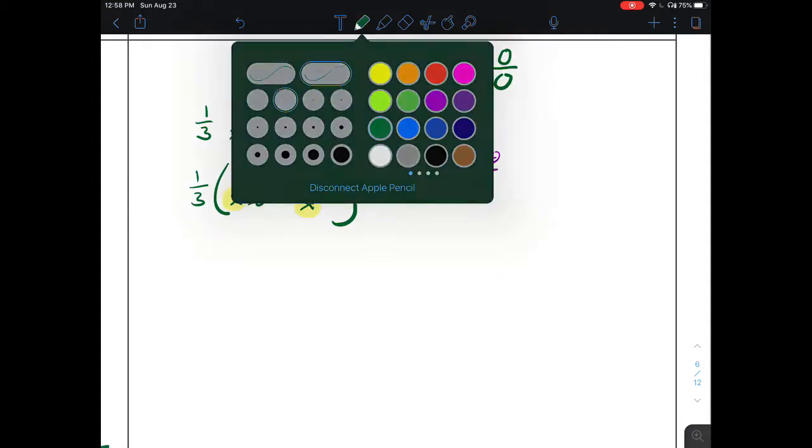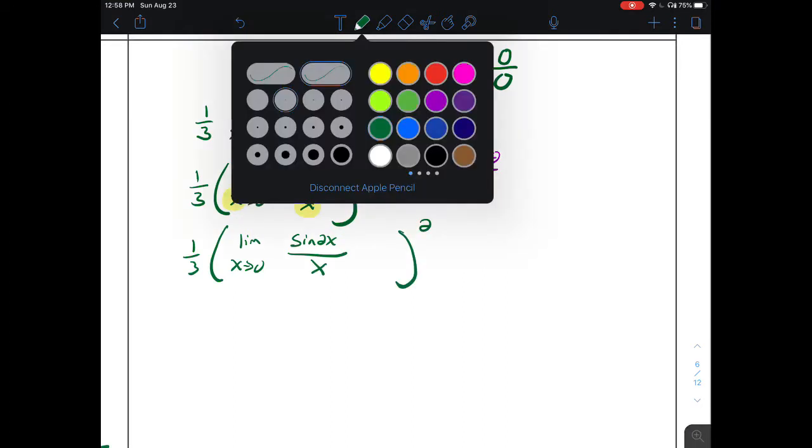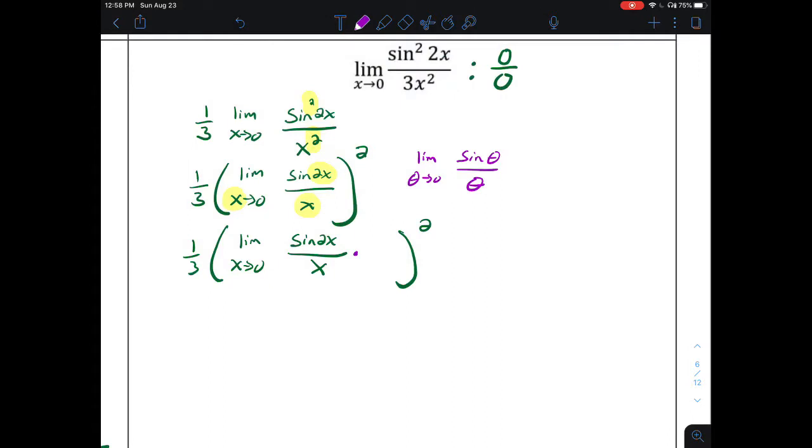So I have 1/3 times the limit as x approaches 0 of sine of 2x divided by x, and then that's being squared. So my algebraic adjustment is I need to create the times 2x in the denominator, which means I also have to multiply the sine of 2x in the numerator.